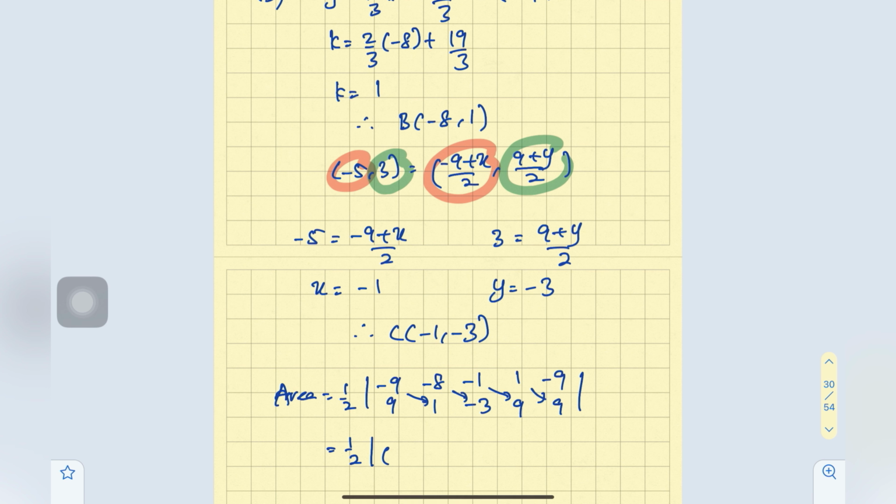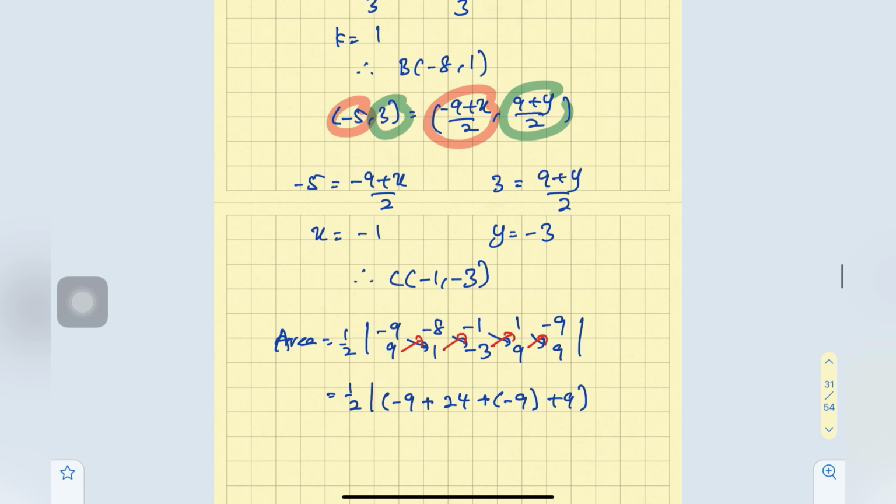Okay, so darab, so -9 plus -9 plus 24 plus -9 plus 9. Okay, lepas tu kita ambil yang opposite direction yang ke atas pula. Okay, so tolak, negative 72.